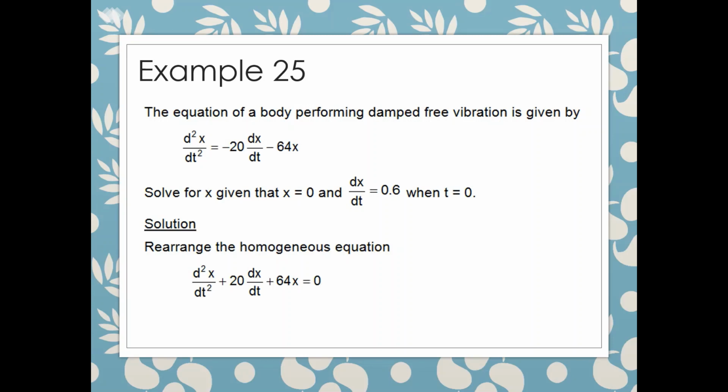To solve, you need to rearrange the homogeneous equation first to d²x/dt² + 20 dx/dt + 64x = 0.